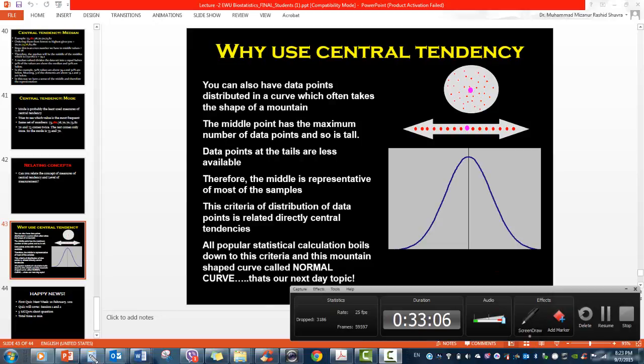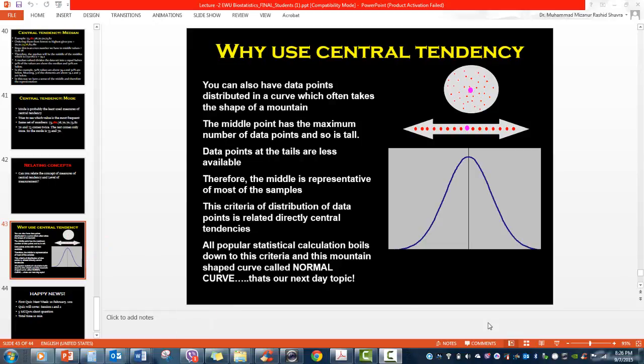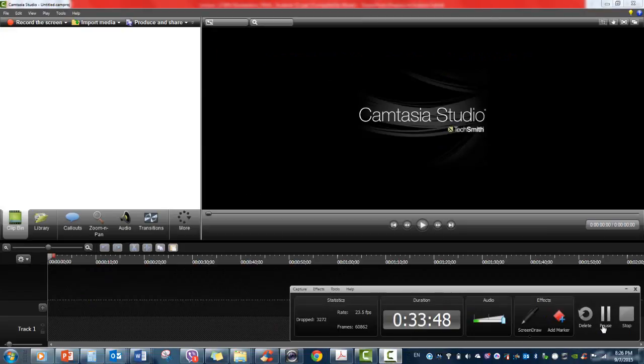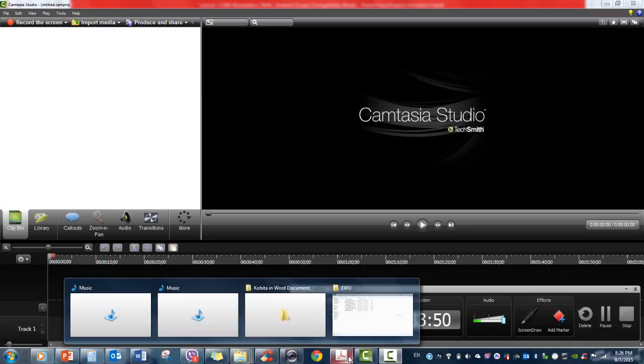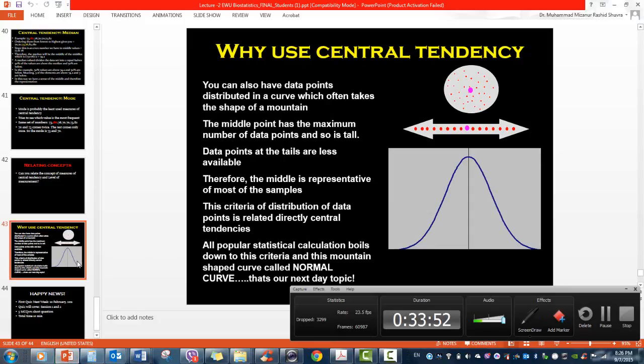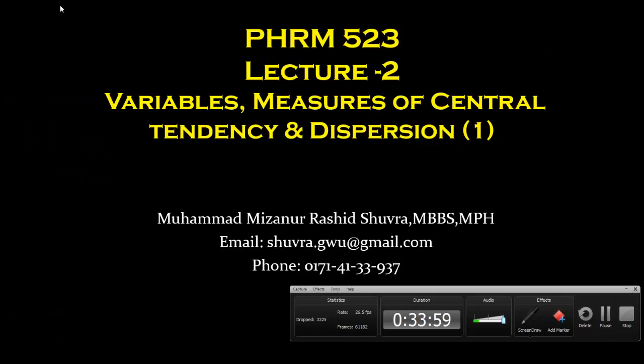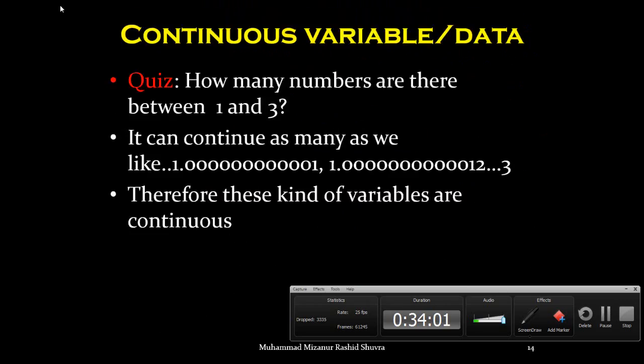Time running. Oh, great. Yeah, it was recording. Okay, so we're near the end of the slide.